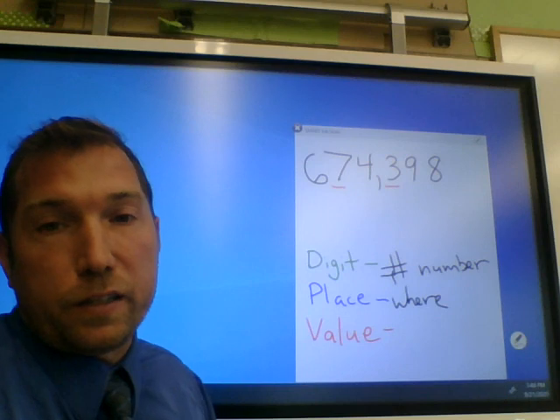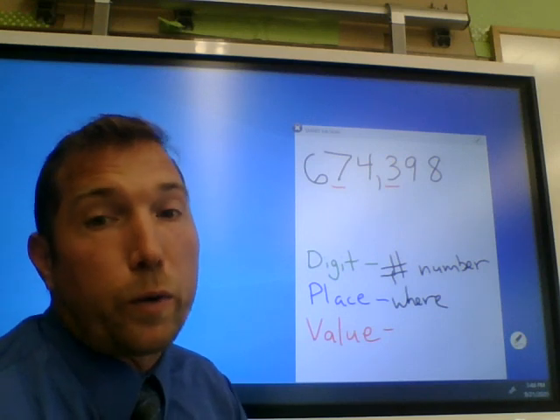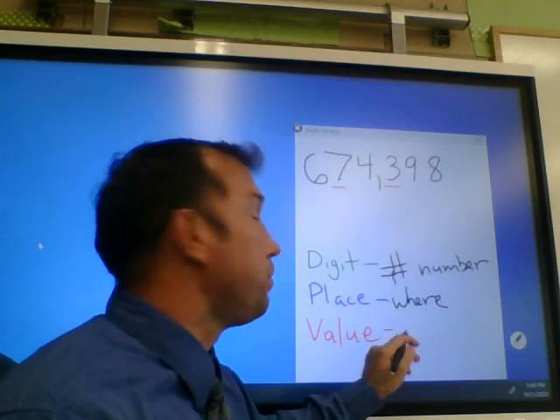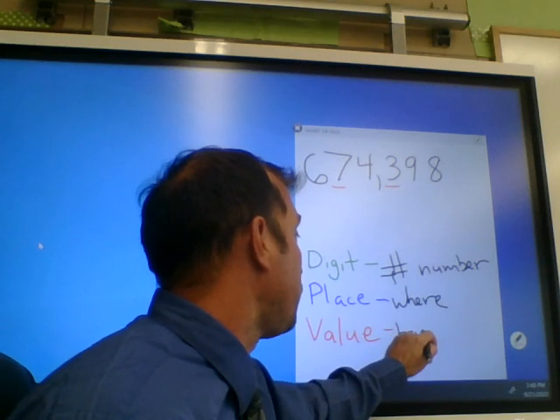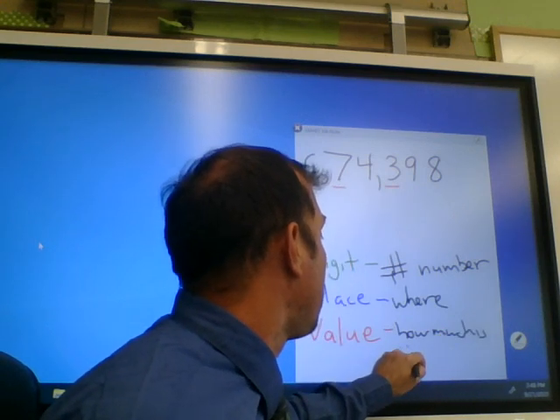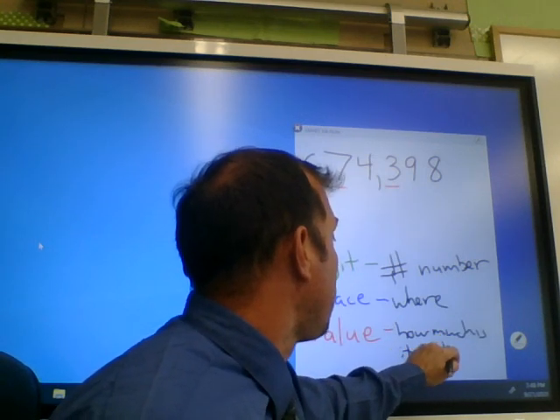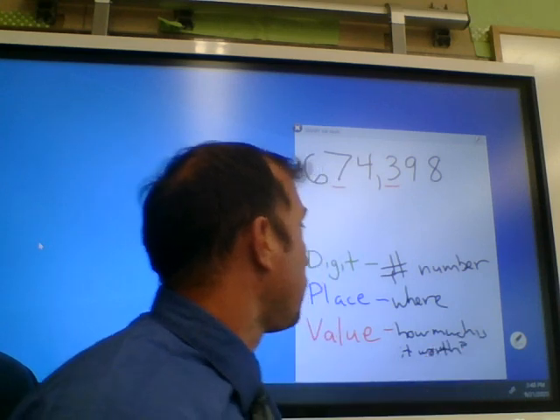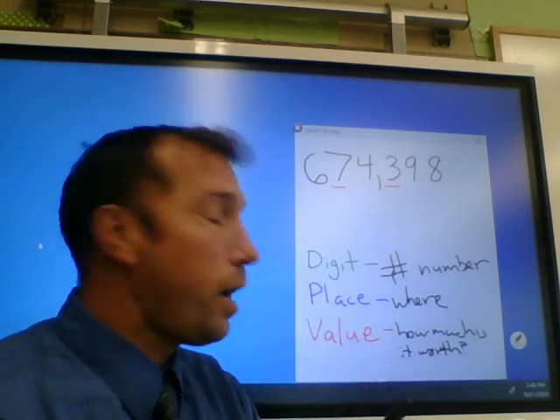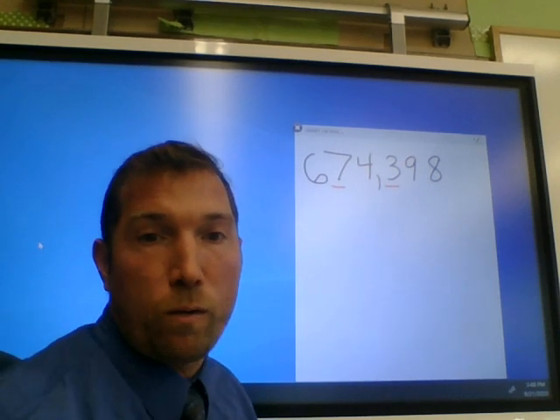What number is in what place, or where is it? And then the value, just like with money or in real life, right? How much is it worth? Okay, so we're trying to figure out what number is in what place and how much is it worth.